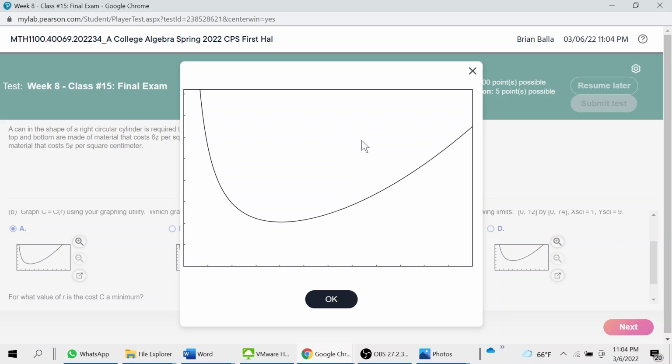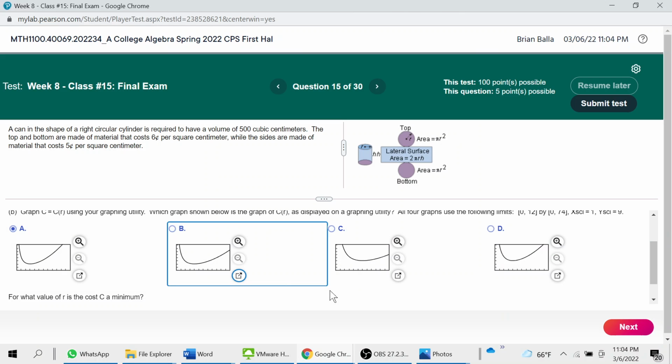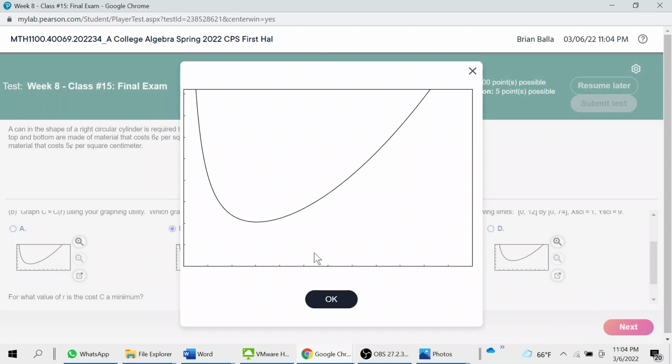Okay, 1, 2. Let me see. 9, 15, wrong. 12, 58. B looks more correct than A. Let me double check A. 1, 2, 3.